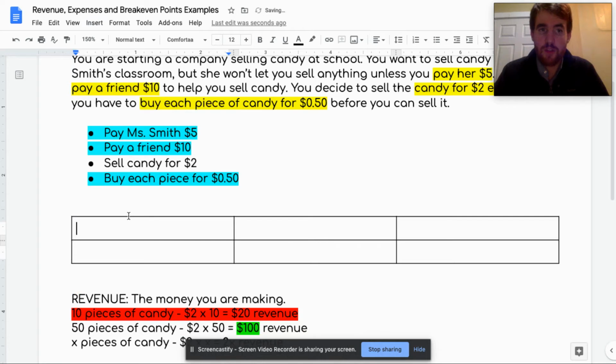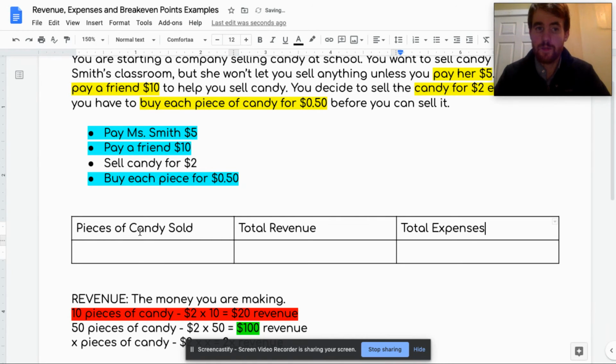It will have 3 columns. The first one will be pieces of candy sold. This is going to be a number. And it's going to be total revenue and total expenses. So we can just start at the beginning. What happens if we sell 1 piece of candy? Well, the revenue from that is going to be $2, right? We know we sell the candy for $2 each.